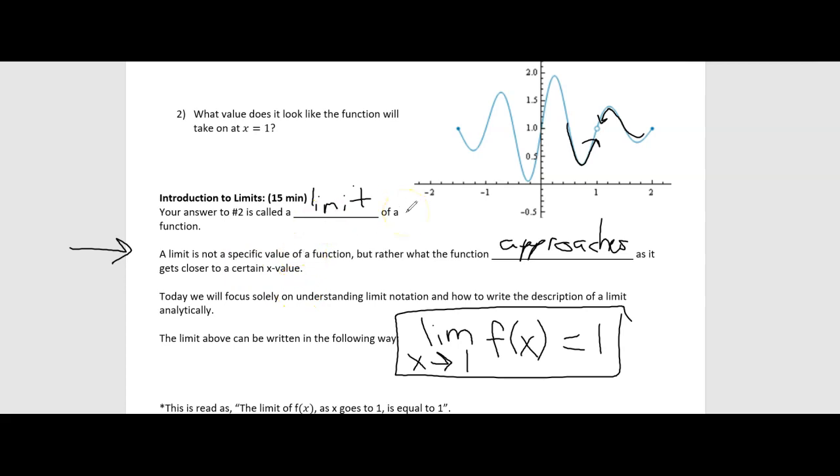Or you could also say the limit as x approaches 1 of f of x is equal to 1. There's not one specific way you need to say it. You just need to make sure you include all the necessary information. You need to talk about what the function's approaching, the name of the function, and what the limit actually is or whether it doesn't exist. So let's move on down.